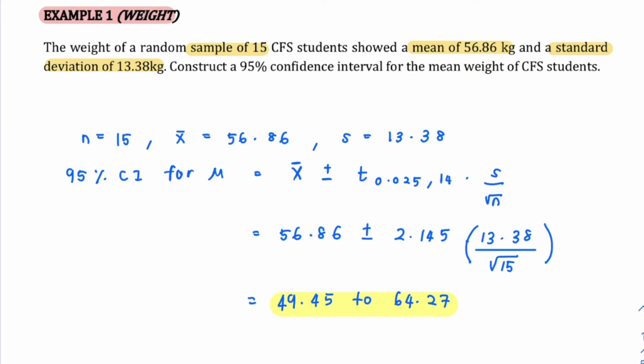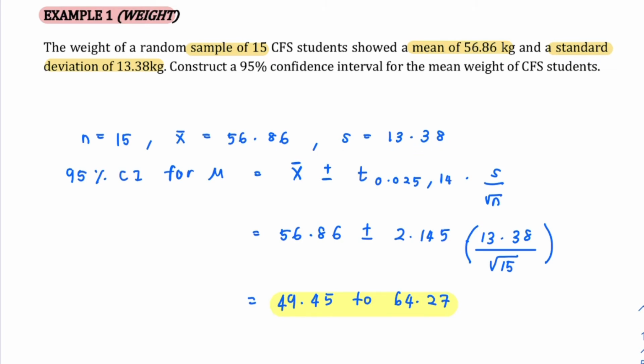So the question gives you the sample size, n is equal to 15. This is the mean from the sample, x bar is 56.86. And the standard deviation here is referring to the sample of 15, so this is your s value, 13.38.